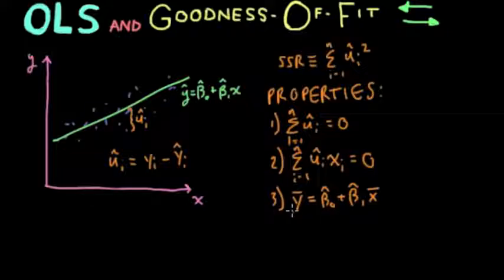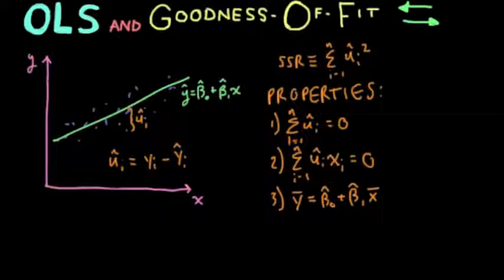What it means is that at some point on our estimated regression y hat, we have the value of the mean of the y values, as well as the mean of the x values. So on this line somewhere will be our y bar and our x bar.